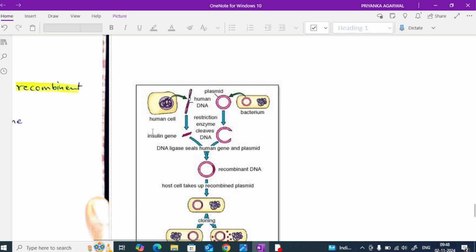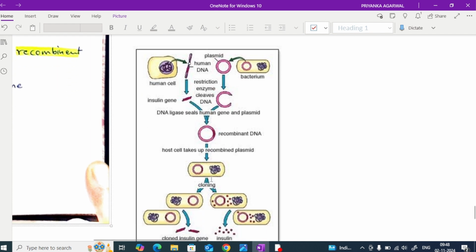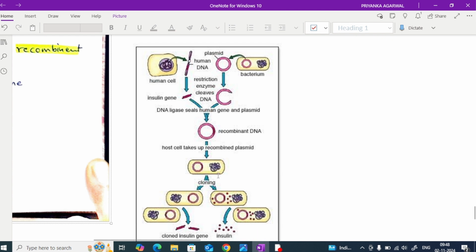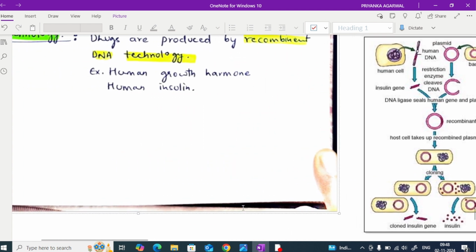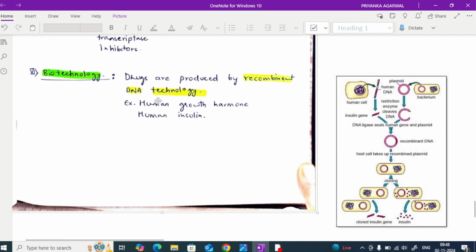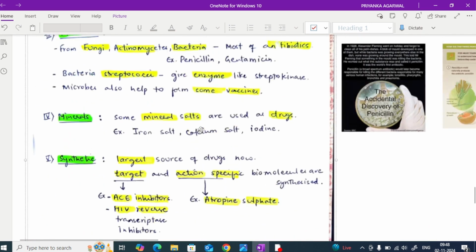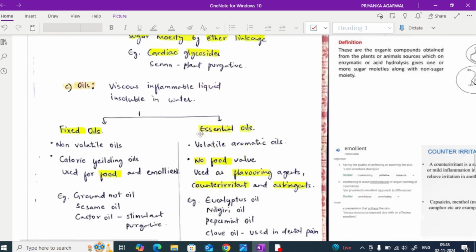Okay, so we take out the insulin gene, we insert this gene into the bacterial genome, and then this recombinant DNA is inserted into the bacteria, and now the bacteria is forming insulin, okay, by protein synthesis. So this is nothing but recombinant DNA technology, and by this technology we are making some drugs like human growth hormone and human insulin. Okay, so these are the sources of drug.